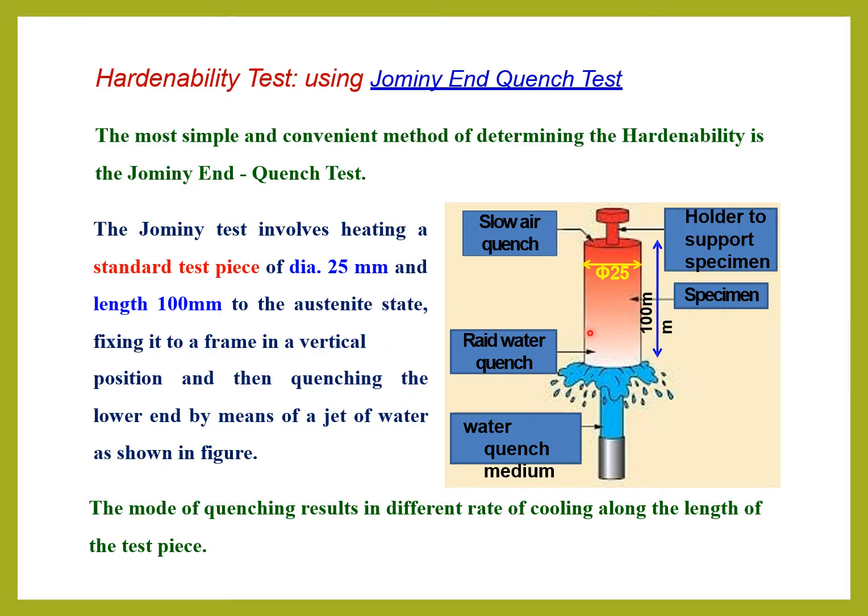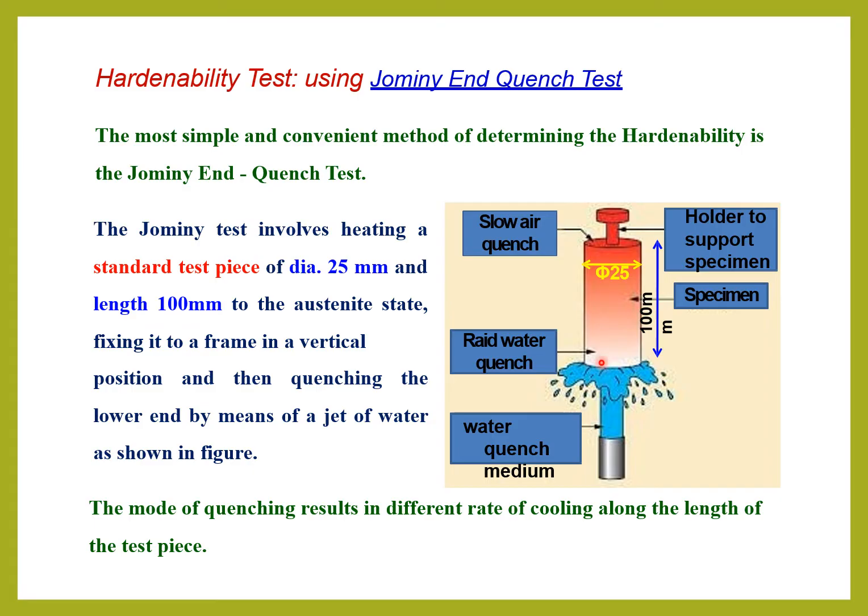First I will explain the procedure. We take a steel specimen of standard diameter 25 mm and 100 mm length. We heat it up to some temperature and then it is entirely converted into austenite.